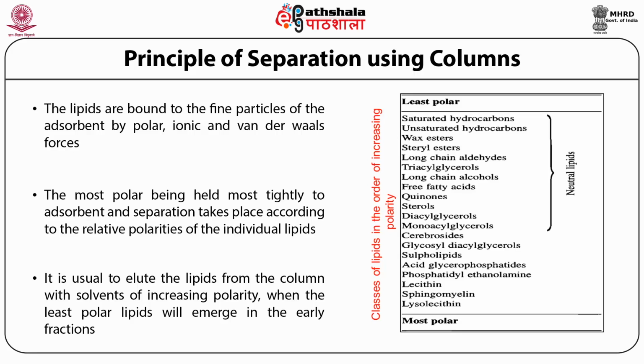So the table that you see here lists compounds according to their polarity. You see that saturated hydrocarbons are least polar, while lysolecithin is most polar. So if you have to separate lysolecithin from saturated hydrocarbon in adsorption chromatography, and you're using solvents of increasing polarity to elute these two compounds, the least polar lipid will emerge in the early fraction because you're using a gradient solvent system with increasing polarity.